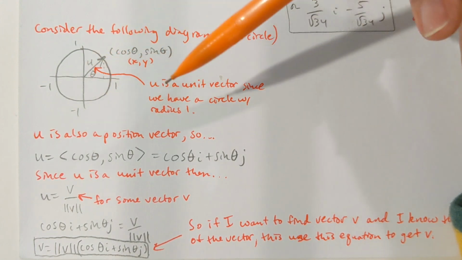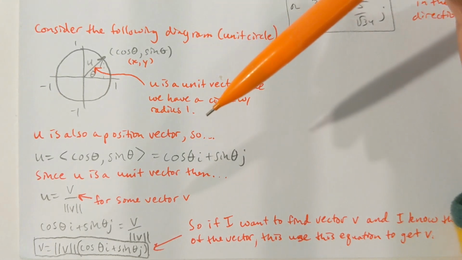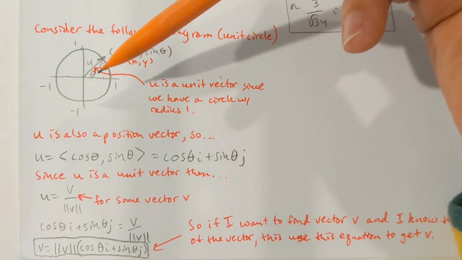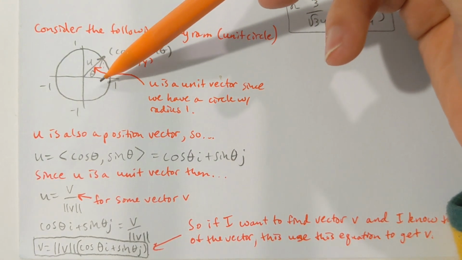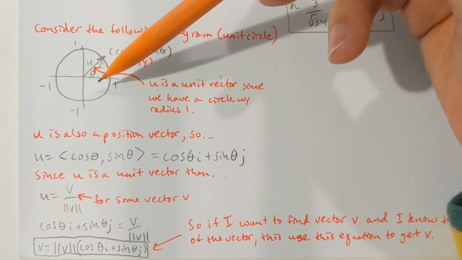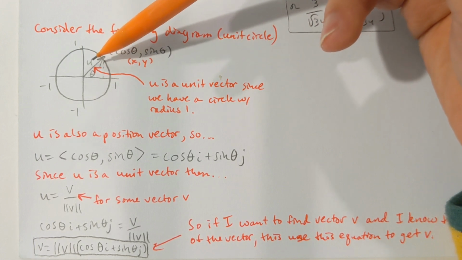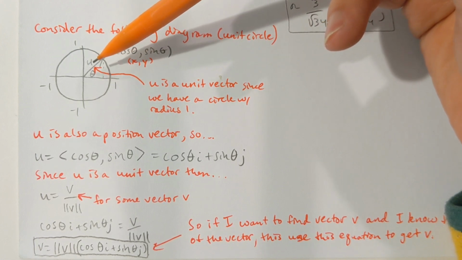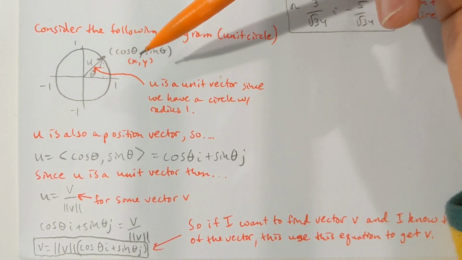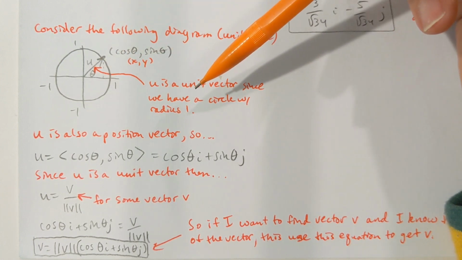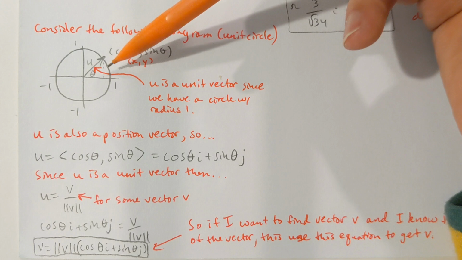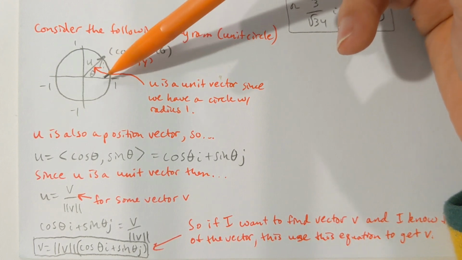I've got a right triangle built into this, though, so of course I can use trig, right? Cosine of theta would be adjacent over hypotenuse. The adjacent side would be x. The hypotenuse would be u, but the measurement of u is 1, right? So x would be the same as cosine theta. Sine theta is opposite over hypotenuse. The opposite side would be y units.